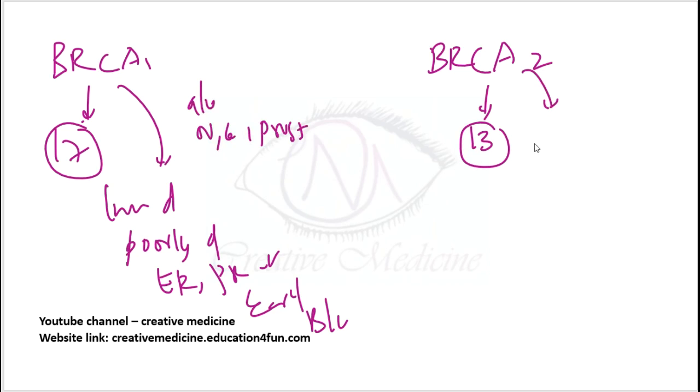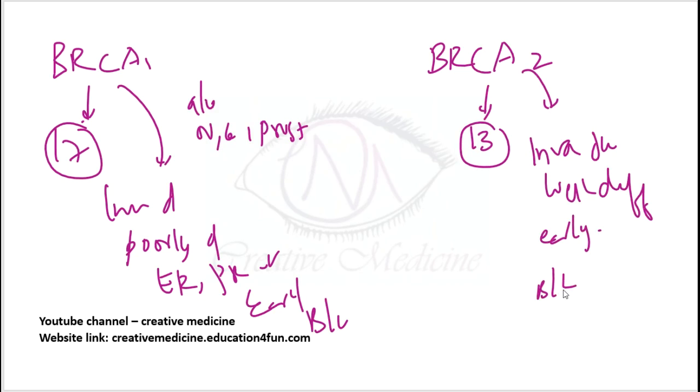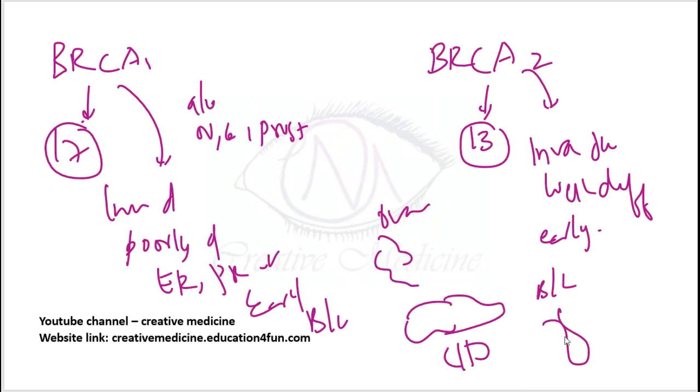Whereas BRCA2 is also seen in invasive ductal carcinoma. It is well differentiated with early age of onset, bilateral, and it is associated with ovarian, colon, pancreatic, prostate, and also gallbladder and stomach carcinomas.